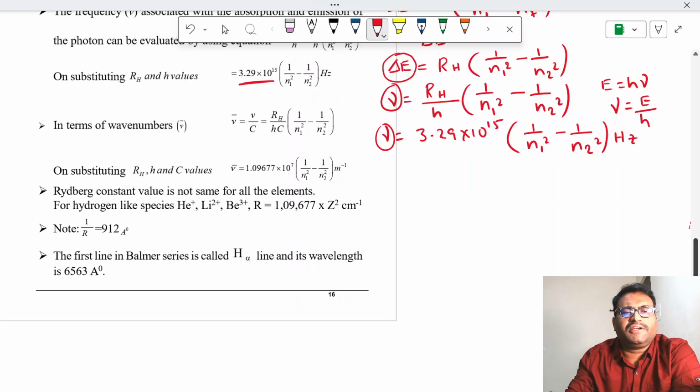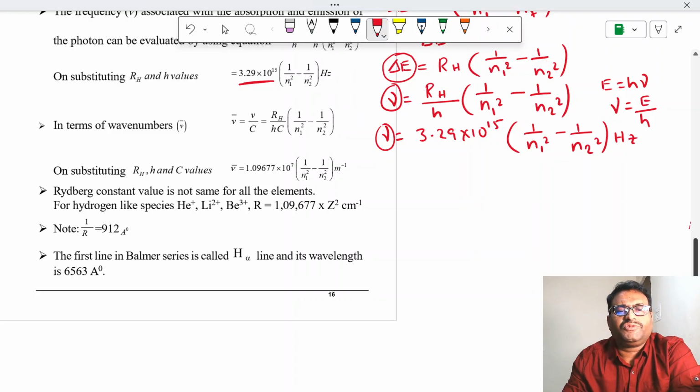The next one is how to calculate wave number. What is that? Wave number.